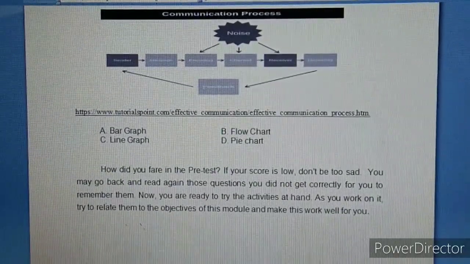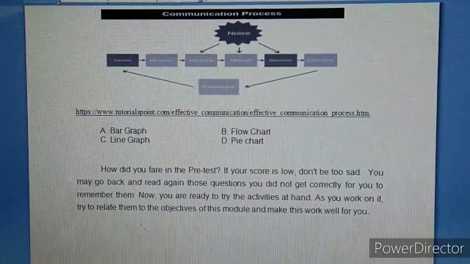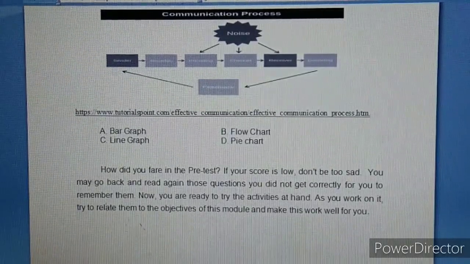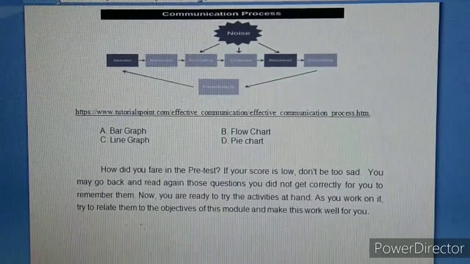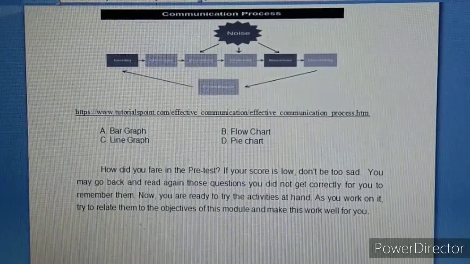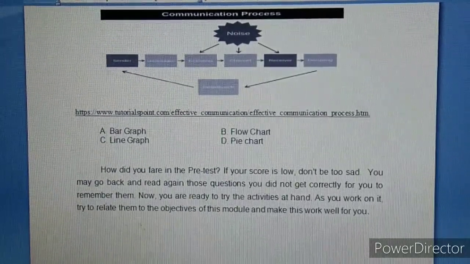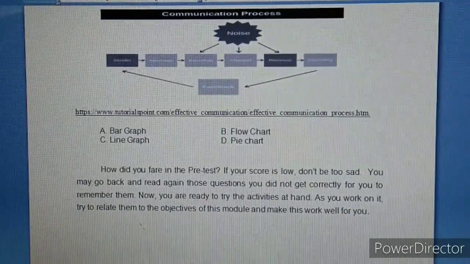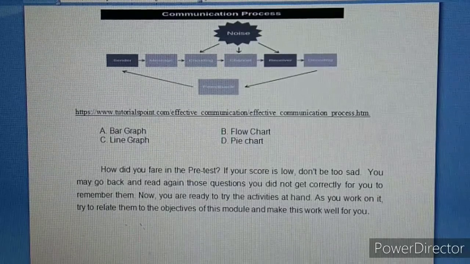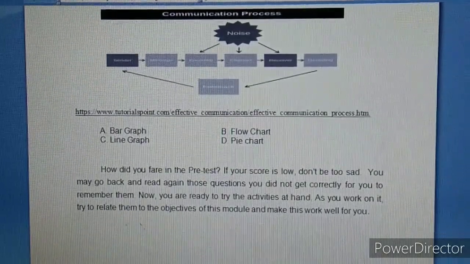A. Bar graph. B. Flow chart. C. Line graph. Or D. Pie chart. The correct answer for number 15 is, of course, flow chart. So that is an example of a flow chart.